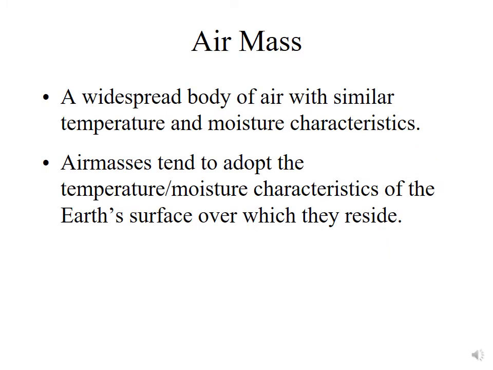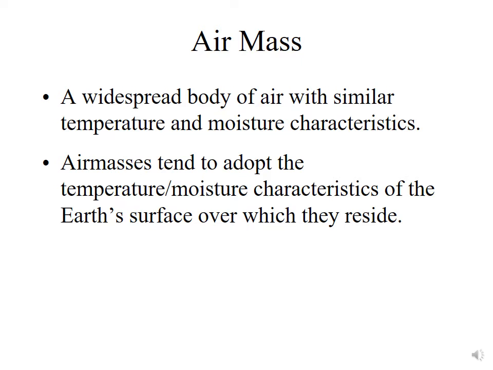So an air mass is really just a widespread body of air that has similar temperature and moisture characteristics. And this large air mass will tend to adopt the temperature and moisture characteristics of the underlying surface. And the reason it does this is because air has a much lower specific heat than either water or soil.